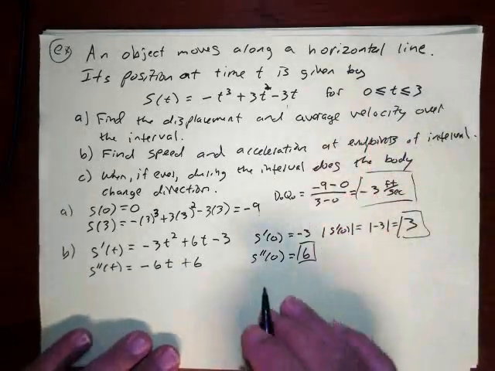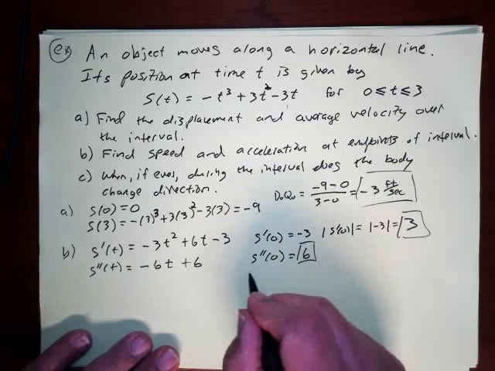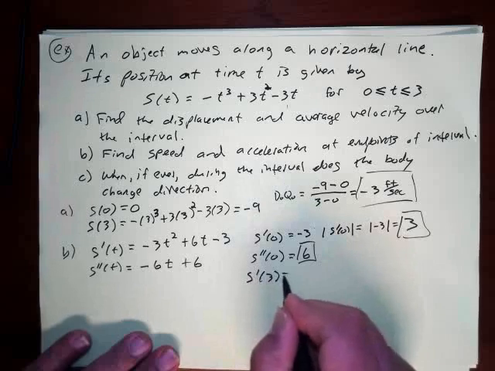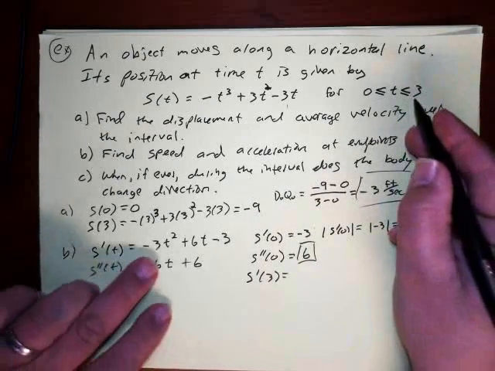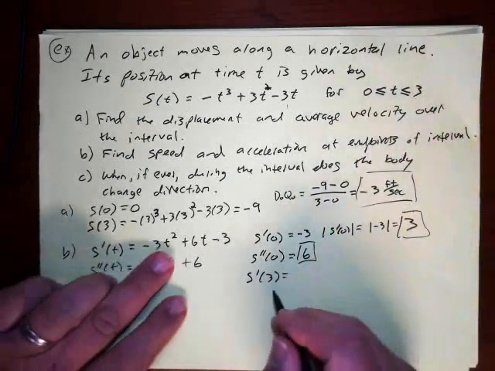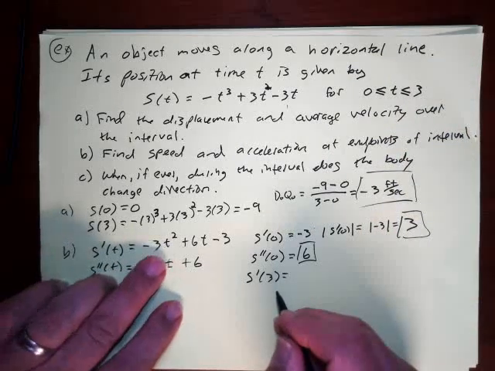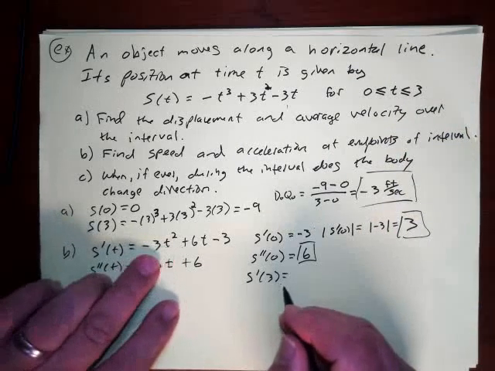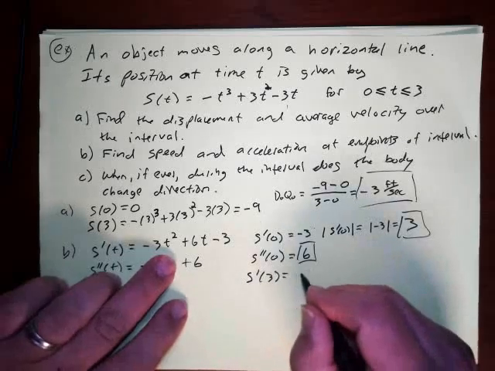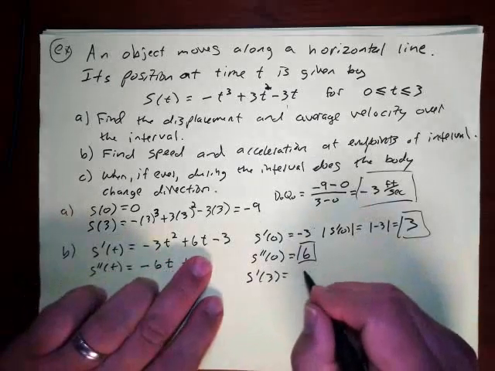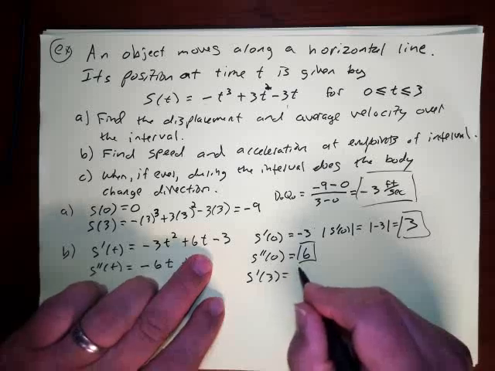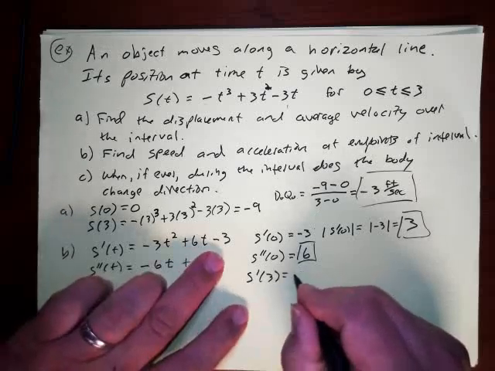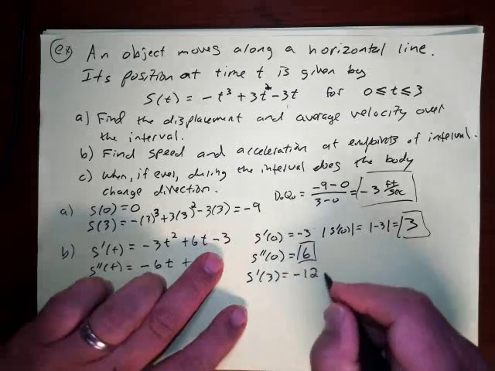So now let's do the same thing with the right endpoint. So s prime at 3. Plugging in 3 here, I get 9, this would be negative 27 plus 18, which is negative 9, minus 3. So this would be negative 12.